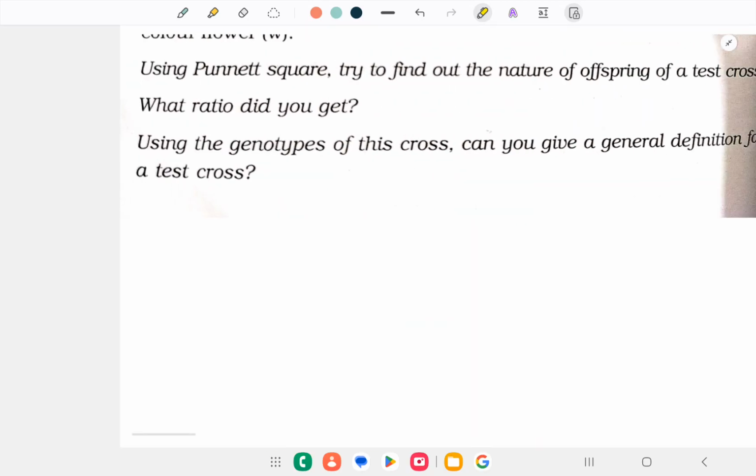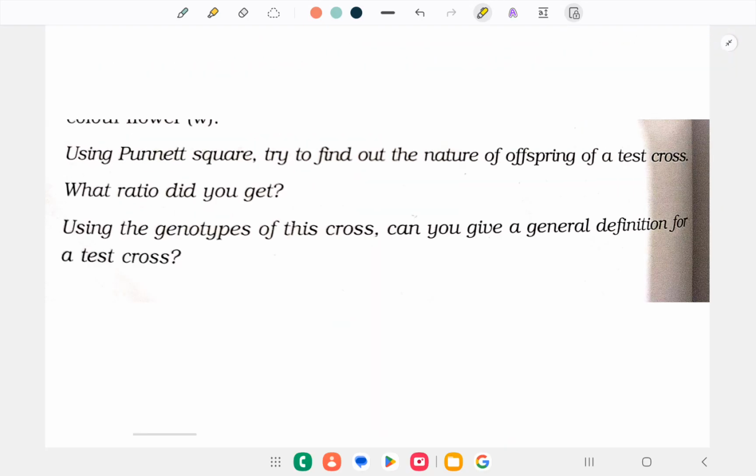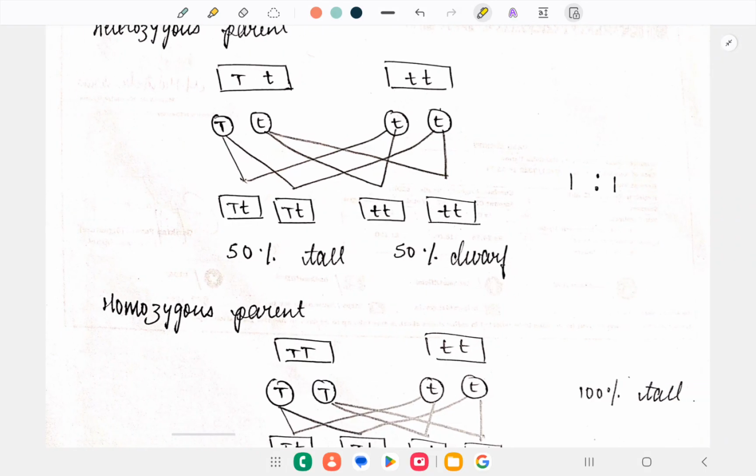Moving to the next question, on page number 58, that is, using a Punnett square, try to find out the nature of offspring of a test cross and what ratio you got, and using the genotypes of this cross, can you give a general statement for a test cross?